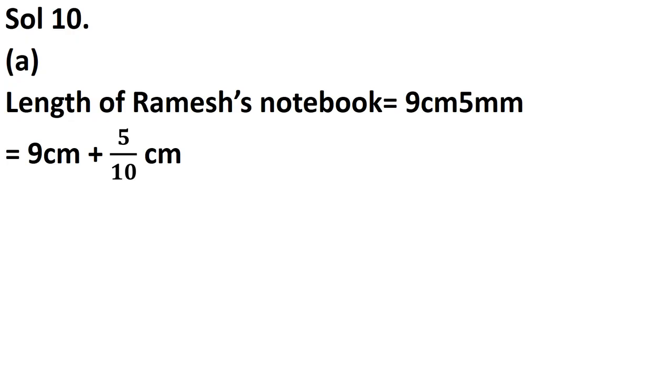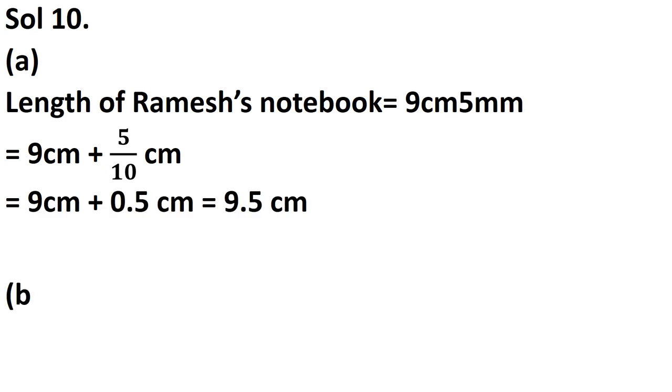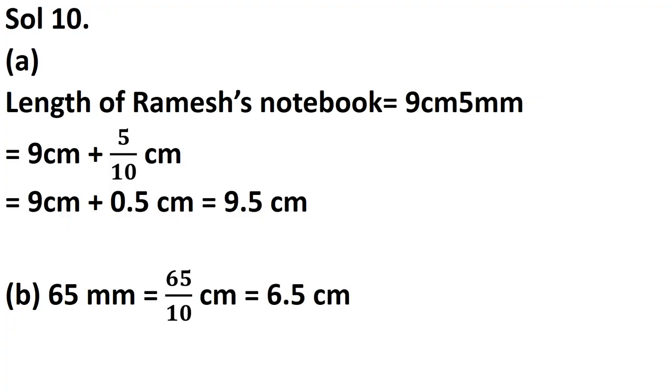So convert 5 millimeter into centimeter by dividing it by 10, because 10 millimeter will make 1 centimeter. Its B part. The length of younger gram plant is 65 millimeter expressed in centimeter. Okay.